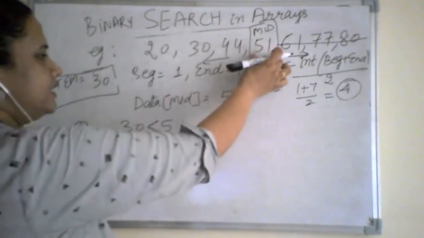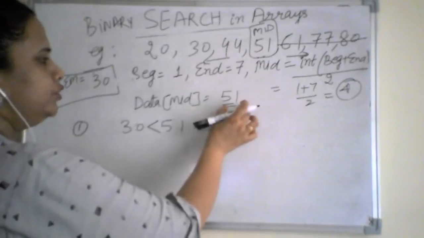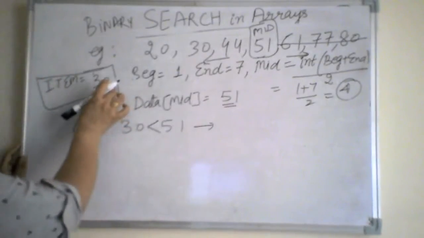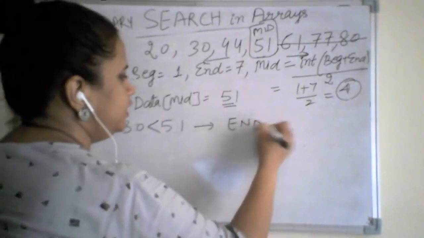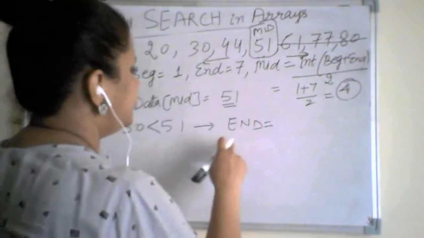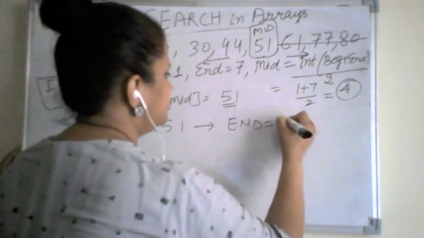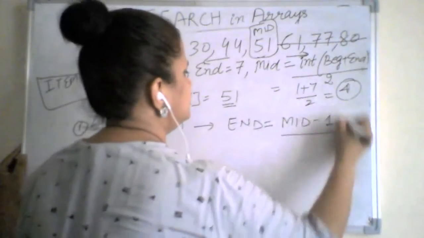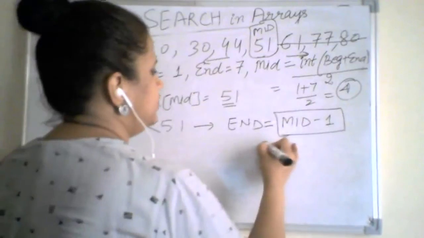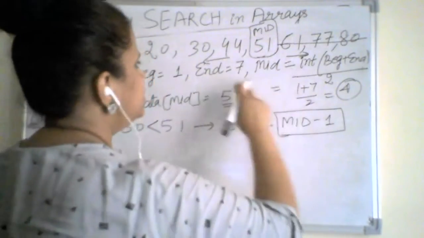I have already checked that my data mid is 51. It is not equivalent to 30. So the end of my array will change: end is equal to mid minus 1. Earlier end was 7.